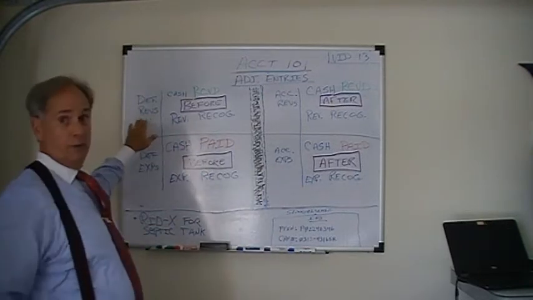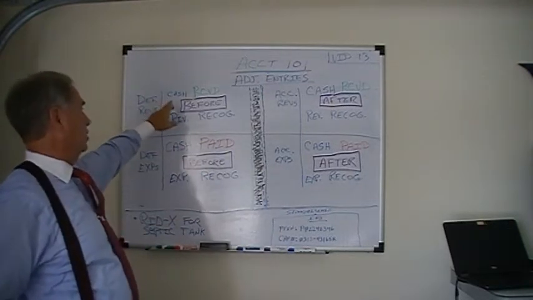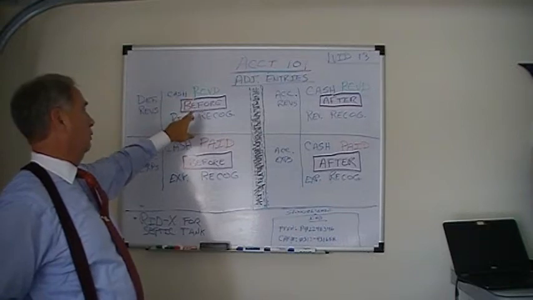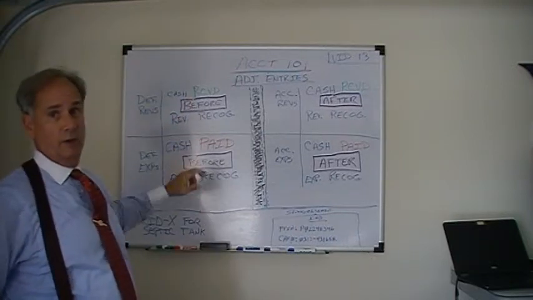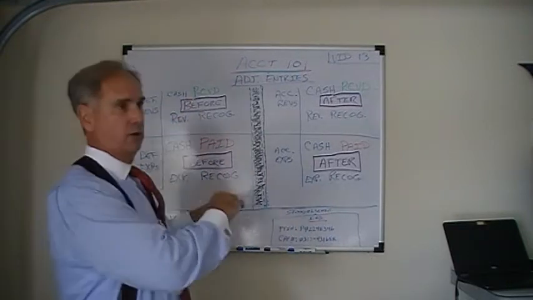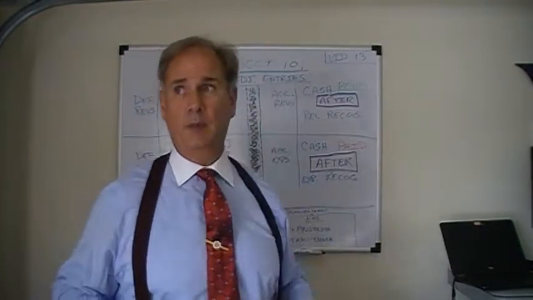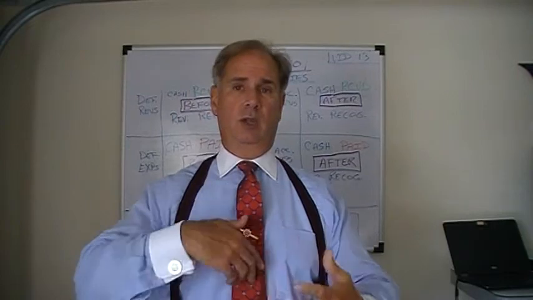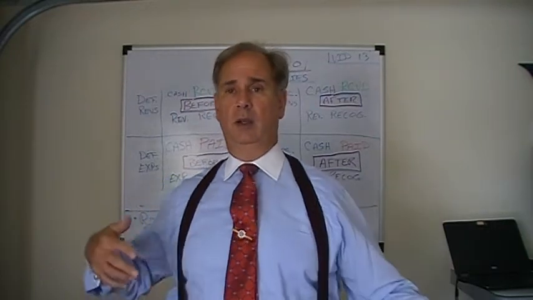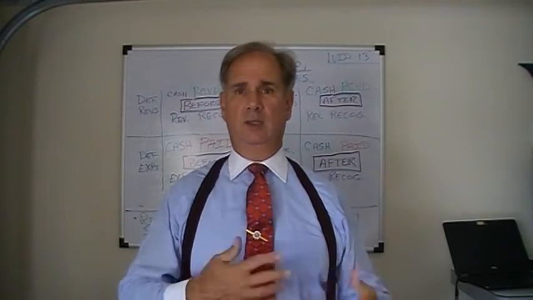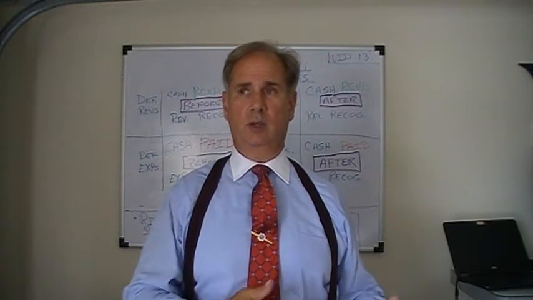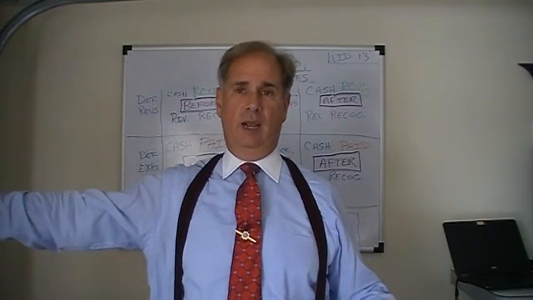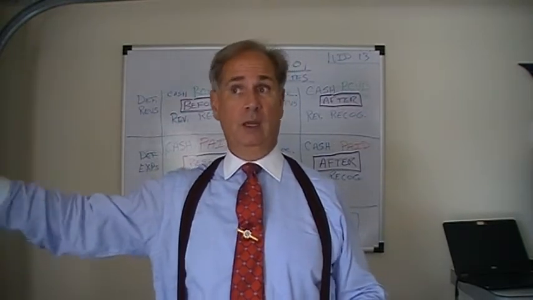For deferred revenue, cash is received before the revenue is recognized. For all of these transactions, I want you to understand there are actually two sets of transactions. There's an initial transaction, and then there's a transaction that happens later on down the road.